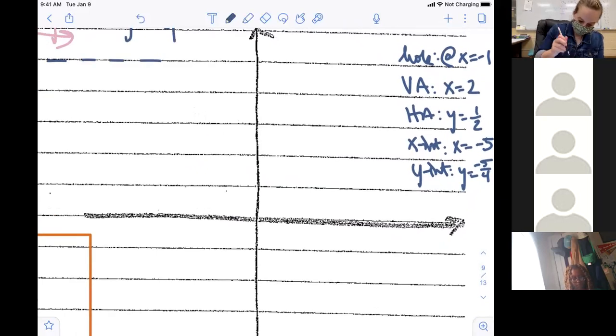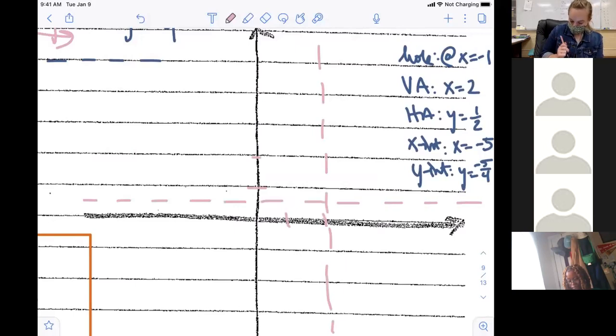Okay, let's get to graphing. Got vertical asymptote at 2. I've got a horizontal asymptote at 1/2. I've got x-intercept at -5. And I've got a y-intercept at -5/4, which is between -1 and -2, somewhere in here.